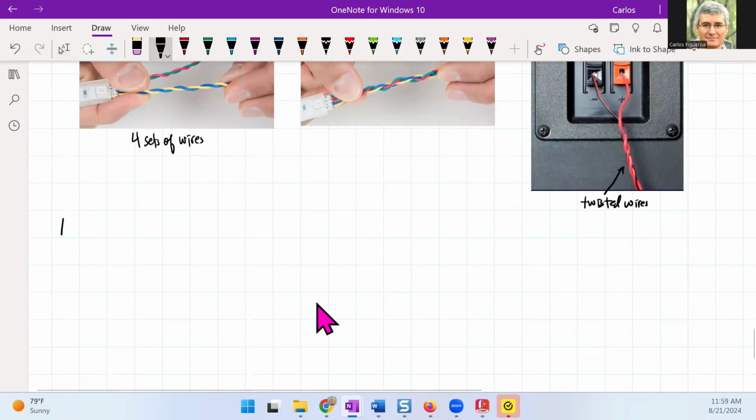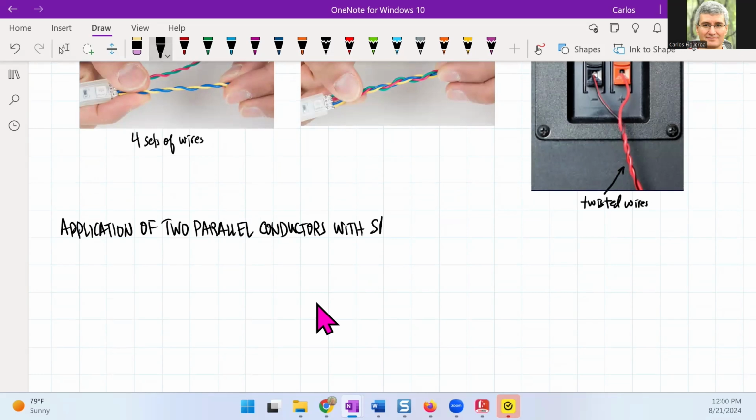Okay, here's the last one that I want to look at. This is going to be an application of 2 parallel conductors, I'm going to call these the conductors, with same currents.